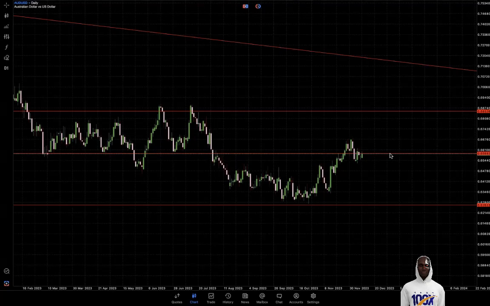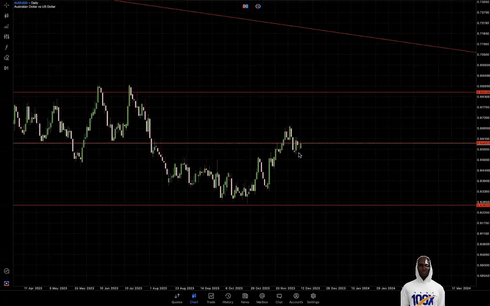We call it equilibrium, in the sense that the supply side is almost equal to the demand side. That is why we call it equilibrium, because if you look closely at that candle here, you would see what I'm saying.